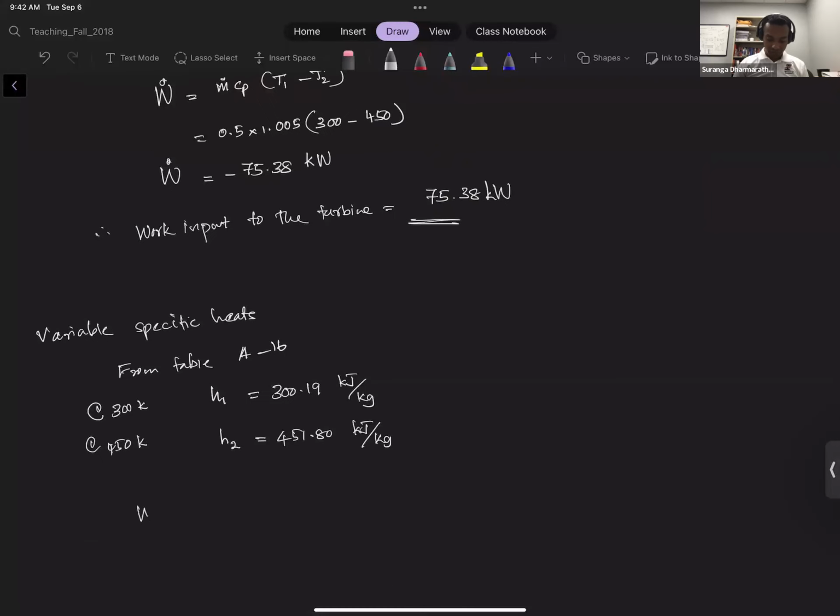Now W dot is equal to m dot, 0.5, times h1, 300.19, minus 451.80.